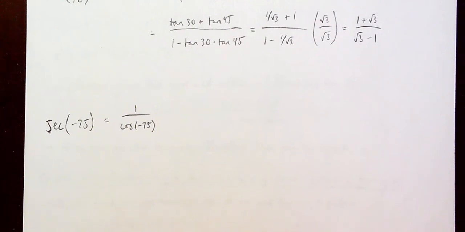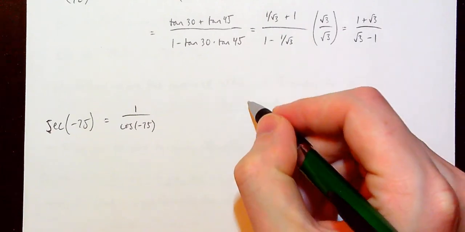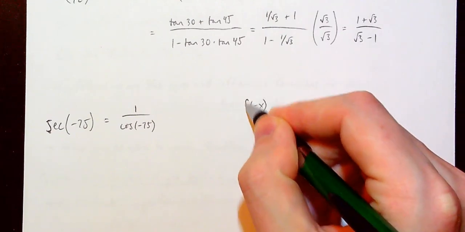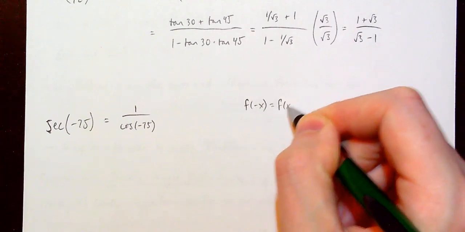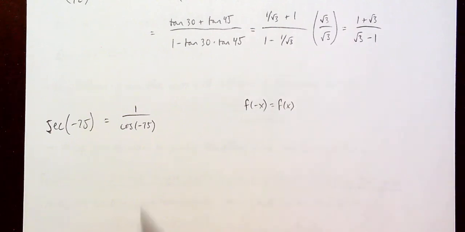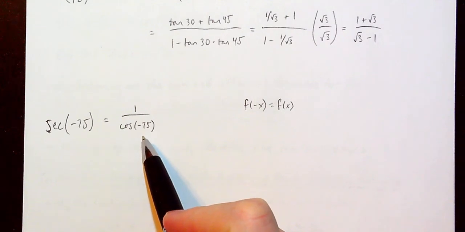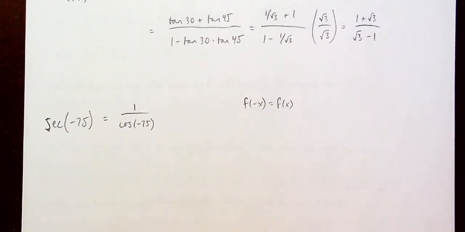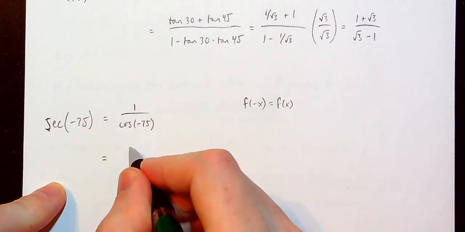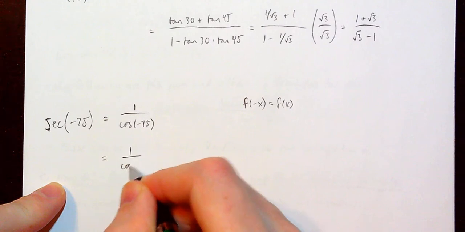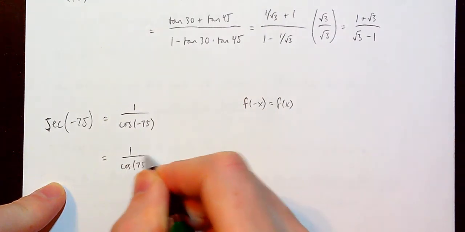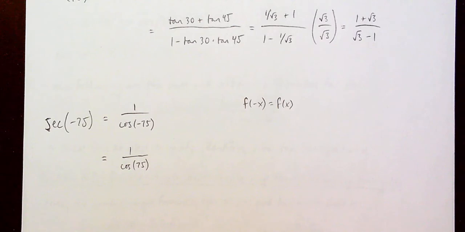And recall that when a function is even, it means that f of minus x is equal to f of x. So here I have minus 75 plugged into my cosine function. Since cosine is even, that means this is equal to 1 over the cosine of positive 75. And that is going to make things a lot nicer and a lot simpler to work with.